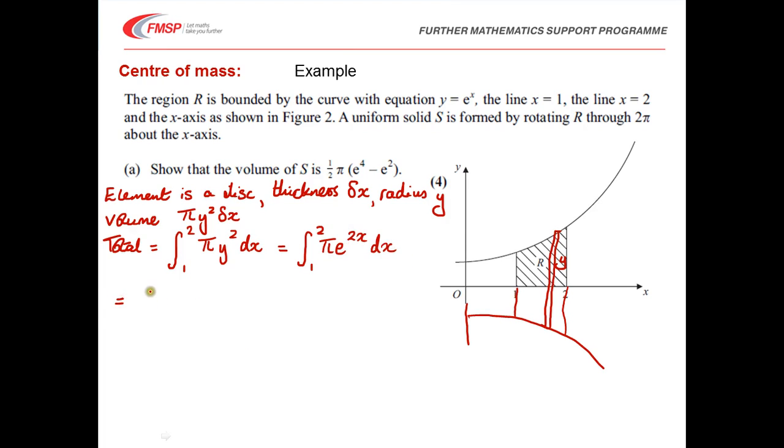When we integrate that, we're going to end up with pi over 2 e to the 2x between 1 and 2, and we can substitute in our limits there, get pi over 2 (e to the 4 minus e squared). And that was the expression that they asked for in the question.